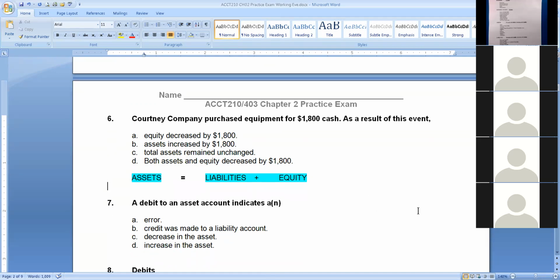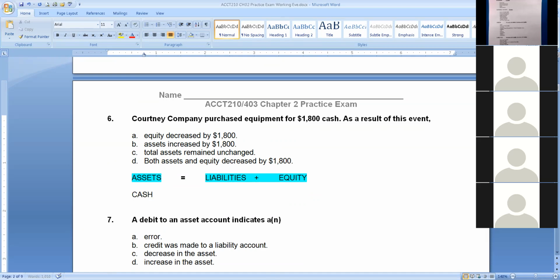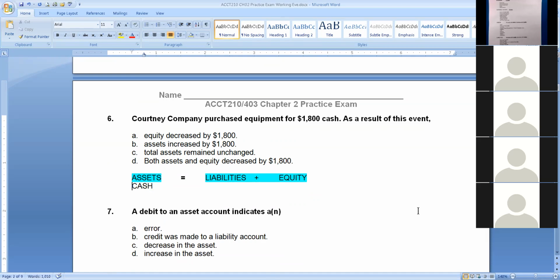So it's going to be cash and equipment, and yes, those are both assets.